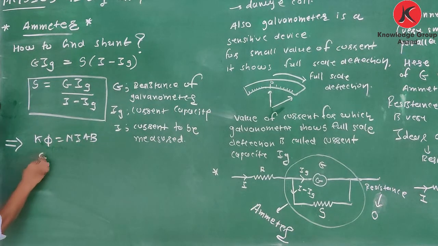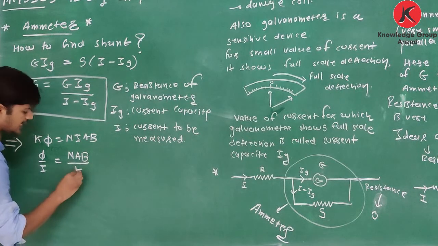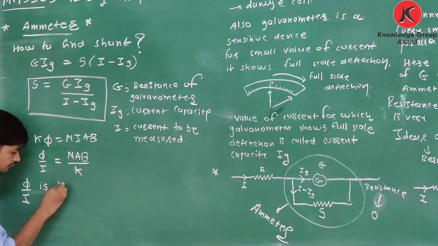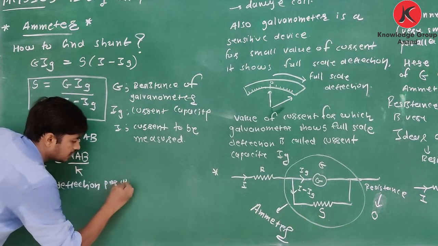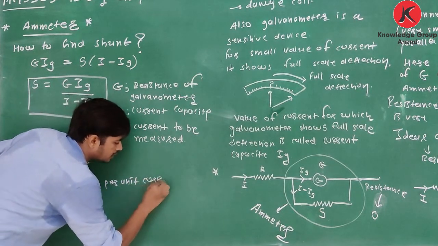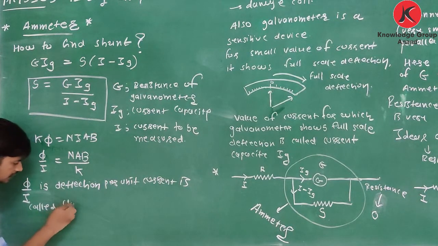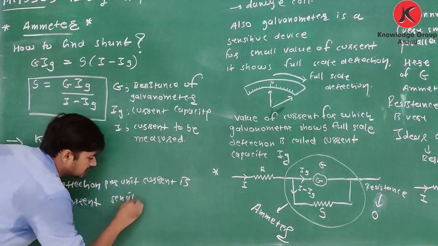If I make phi upon I the subject, then phi upon I is NAB upon K. This phi upon I is the deflection per unit current, and it is called current sensitivity.